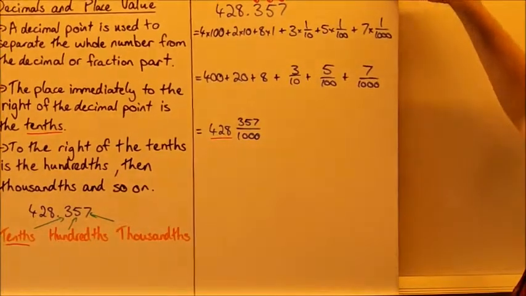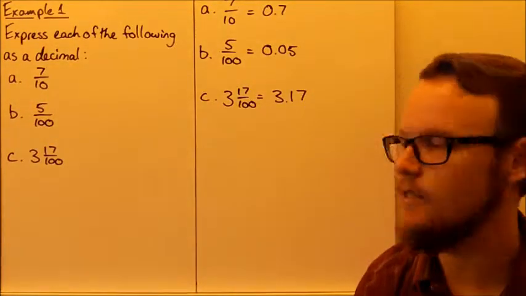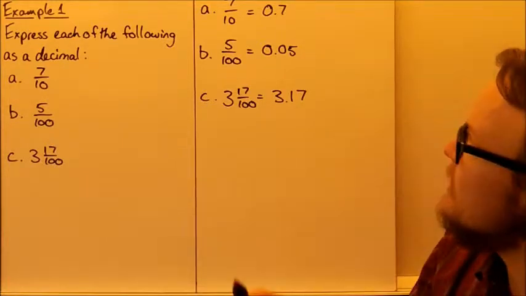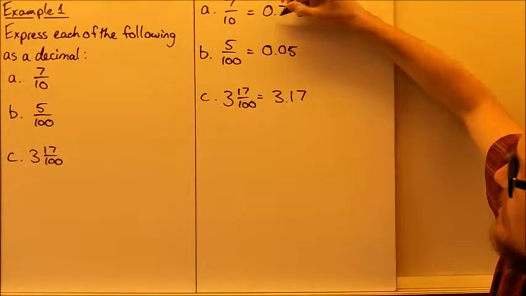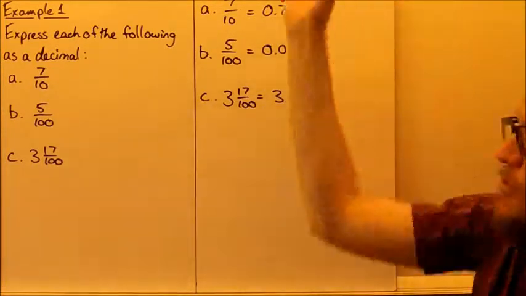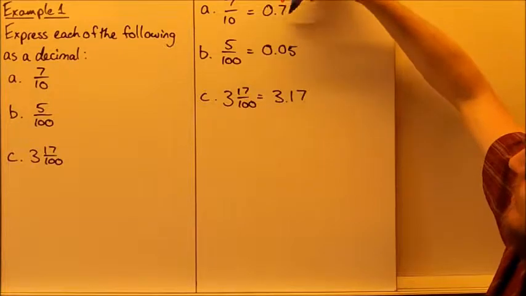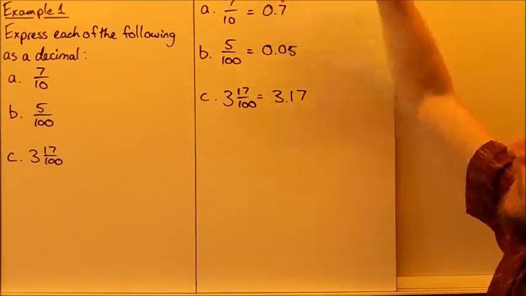If we look at our first example, we're asked to express each of these as a decimal. The first one's 7 tenths, that's a 7 in the tenths column, just to the right of the decimal point. That's all we've got, 7 tenths. So that's the same as saying 7 lots of 1/10, 7 tenths, 0.7.